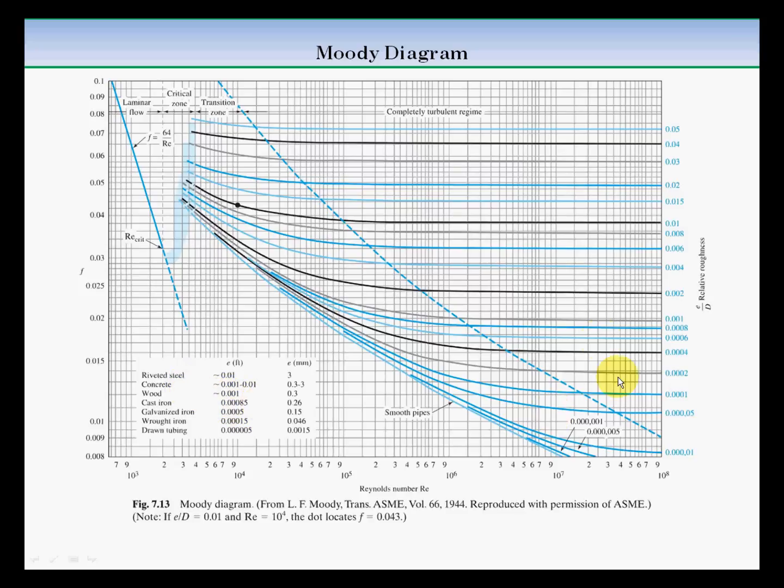Now, for different relative roughness values, the curves are drawn between Reynolds number and the friction factor. So for example, if we were looking at a pipe that has relative roughness of E over D, suppose it's 0.002, and you have a Reynolds number of 10 to the power 5.